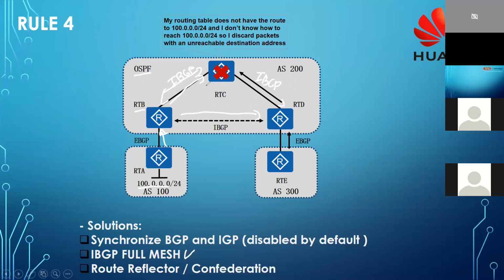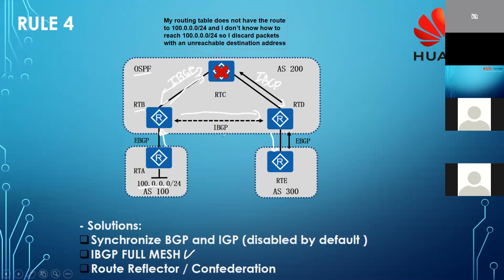No, because RTC received this route via IBGP, and when we receive a route via IBGP, we can't send it to an IBGP neighbor. Okay, so RTD received the route from RTB, and the route will go to RTE. So here RTC knows this prefix, and there is no problem.